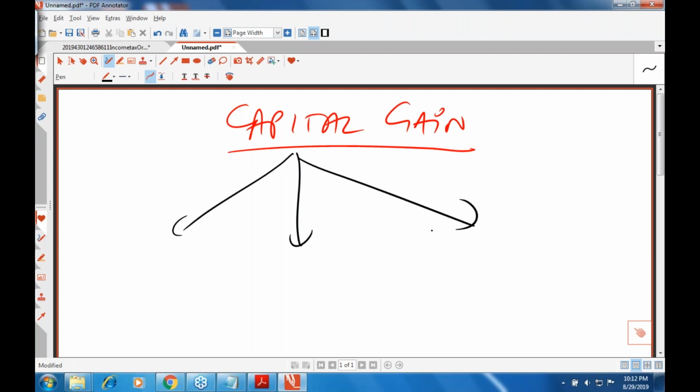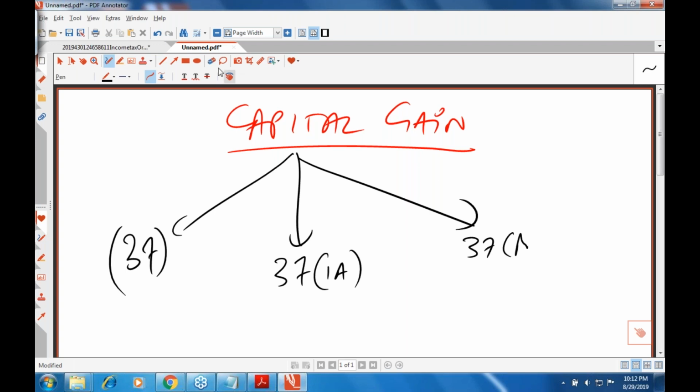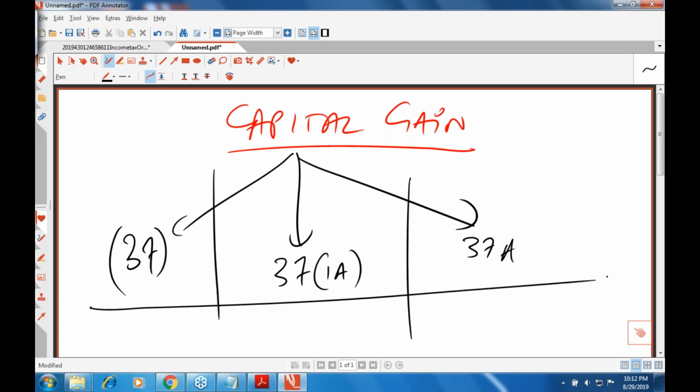One is the taxability of a capital gain under the normal section 37. Another is capital gain under section 37 1A, and there is another, section 37A. These are three separate items having a separate treatment.